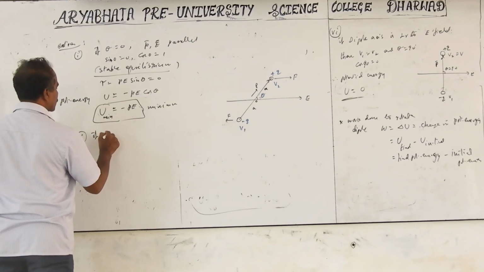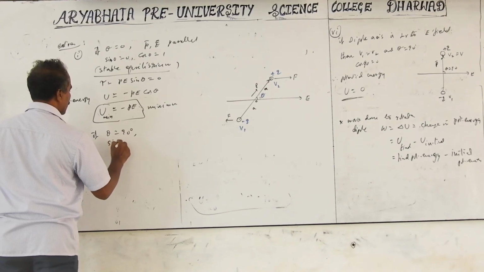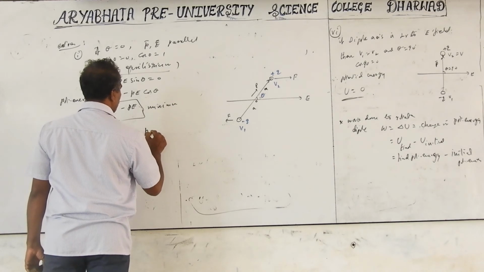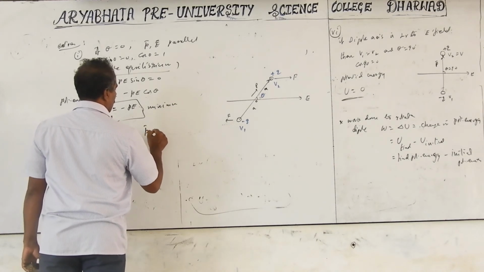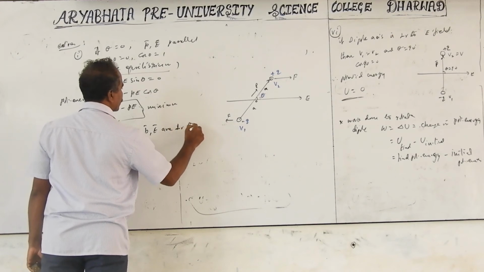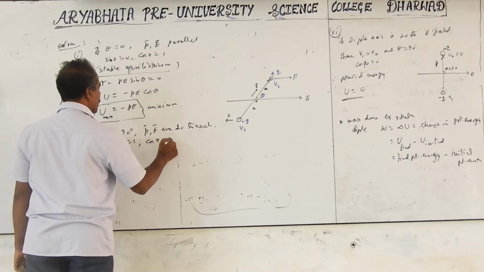Next, if theta is equal to 90 degrees, sin 90 is 1. That means p is perpendicular to E. p and E are perpendicular to each other. Sin 90 is 1, cos 90 is 0.